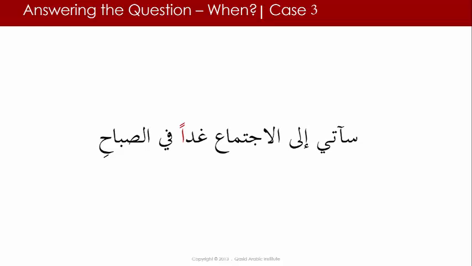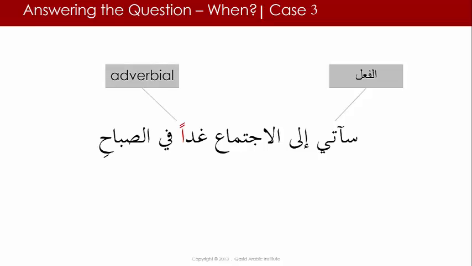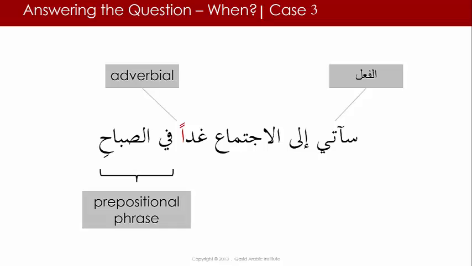We can also answer the question when using a prepositional phrase. سآتي إلى الاجتماع غدا في الصباح. Notice here, rather than صباحا, I wrote في الصباح. We have our verb آتي, I will come, and then we have our adverbial غدا, and then we have a prepositional phrase which is in the place of صباحا, which can also mean in the morning.